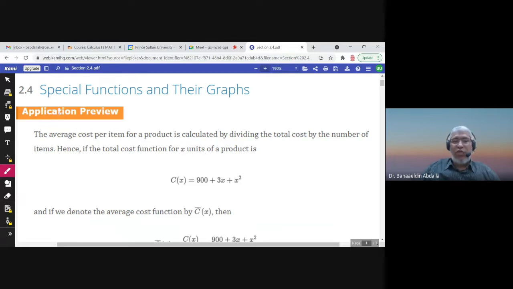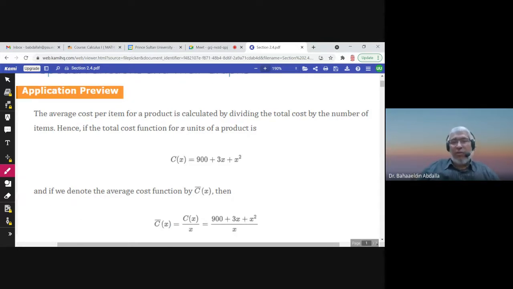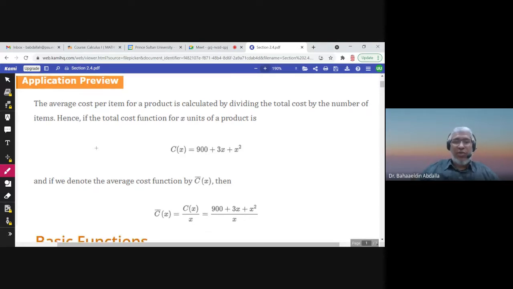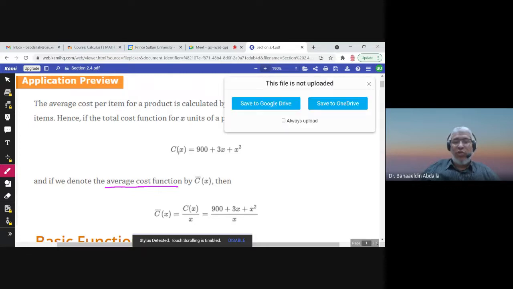This is section 2.4, special functions and their graphs. It starts with an application preview. It is important here to pay attention to the definition of the average cost function. So we know the cost function.